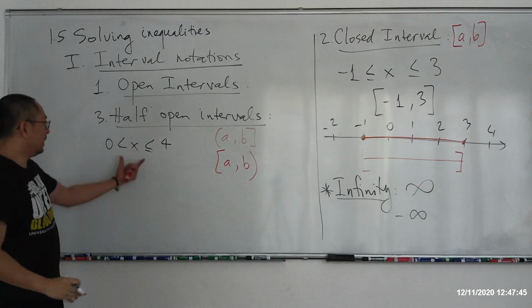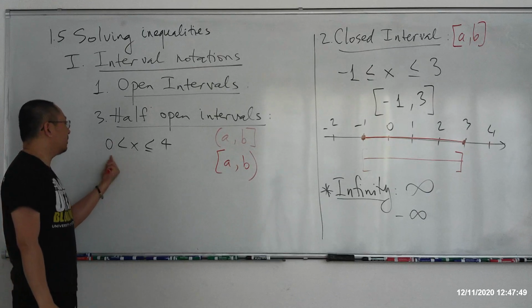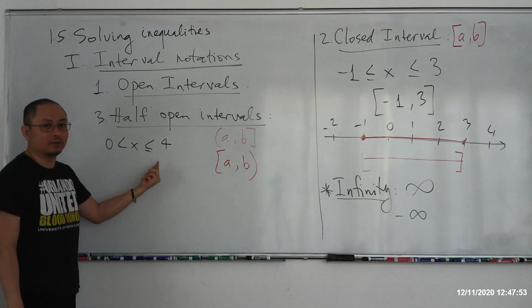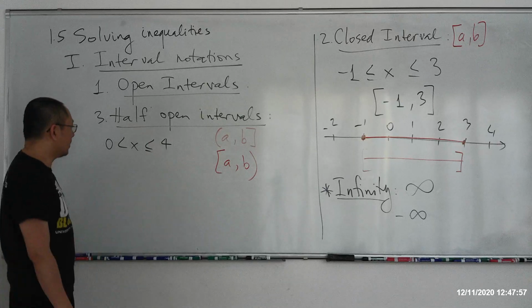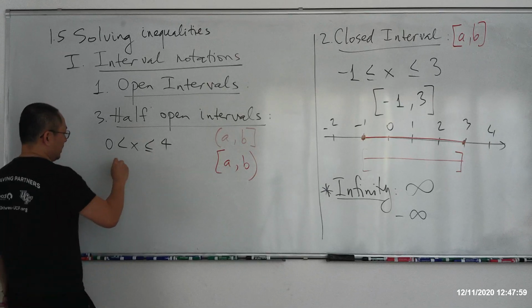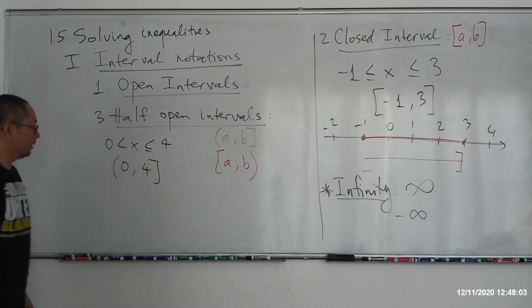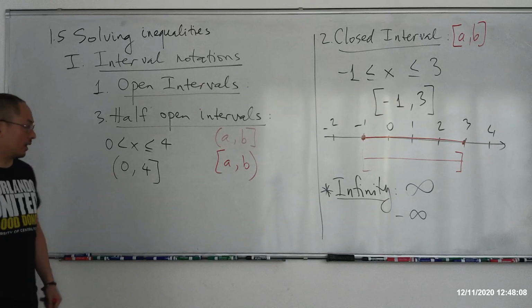Here, all real numbers x have to be strictly greater than 0, and less than or equal to 4. So x cannot be equal to 0, but x can be equal to 4. So this is parenthesis 0, comma 4, and then square bracket. 0 is not okay in this interval, but 4 is okay.